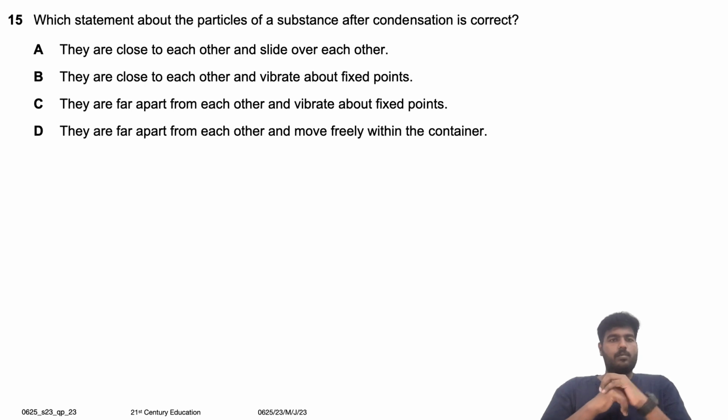Which statement about the particles of a substance after condensation is correct? What's condensation? The water vapor, when it comes in contact with a cooled, low temperature surface, condenses there and becomes a liquid.